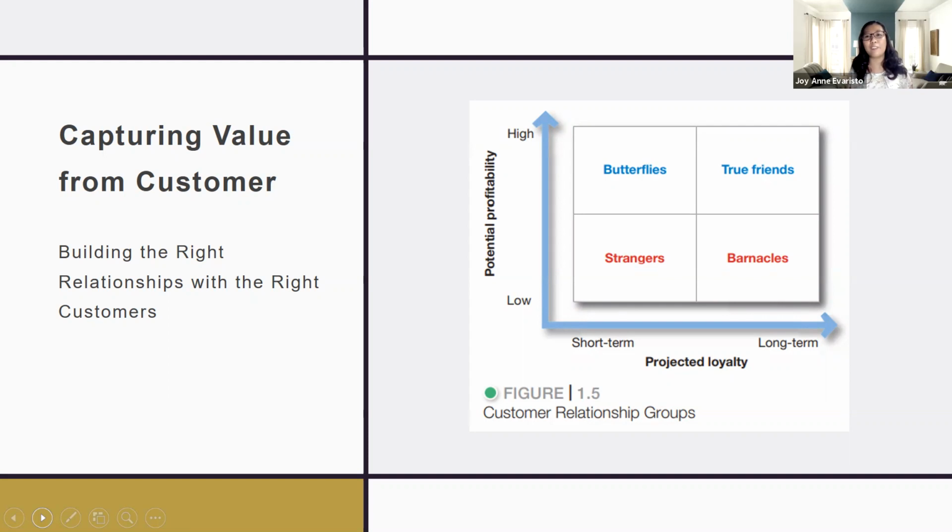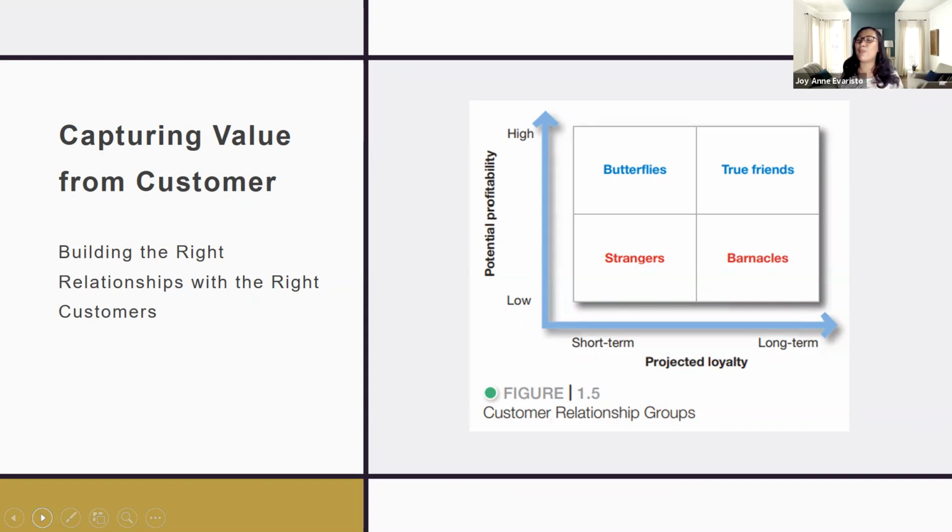And then we have the barnacles. These barnacles are loyal customers, but they are not profitable. I think you have heard some complaints about coffee shops wherein some customers really stay in the coffee shop, like some networking groups who do not have their own offices.